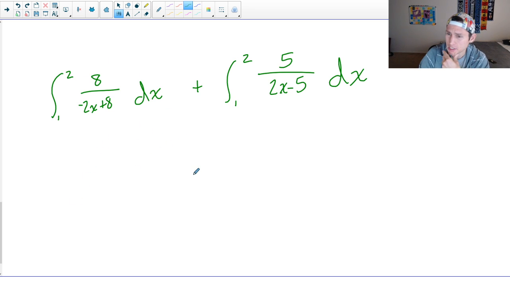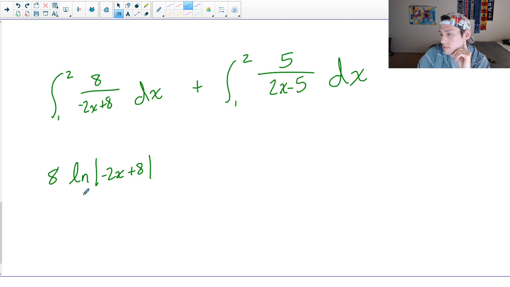When we do partial fraction decomposition, we pretty much always end up with natural log integrals. Right, so remember the antiderivative of 1 over u is natural log of u. So this would be 8 natural log of negative 2x plus 8. But I have to consider the chain rule, so times negative 1/2.